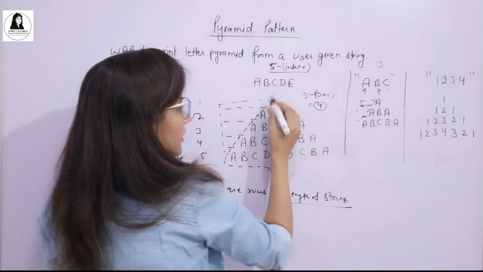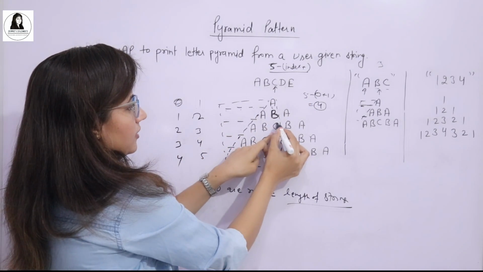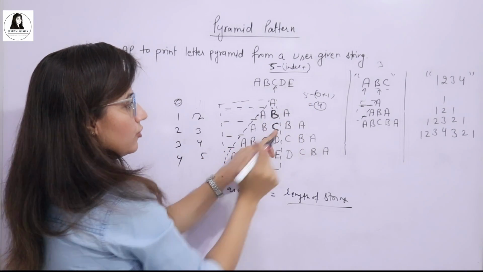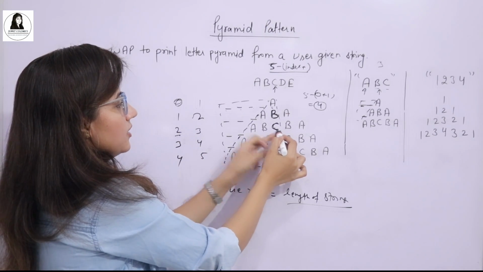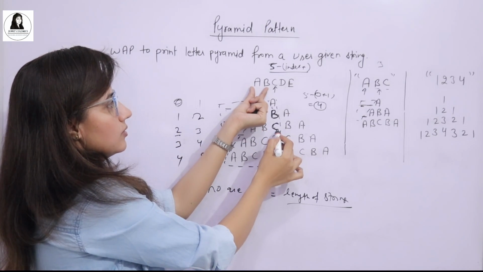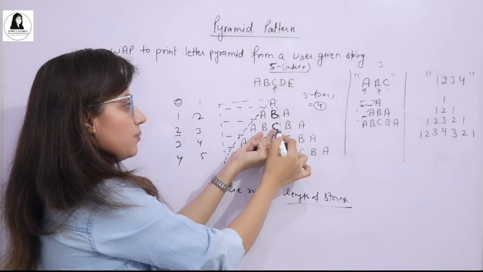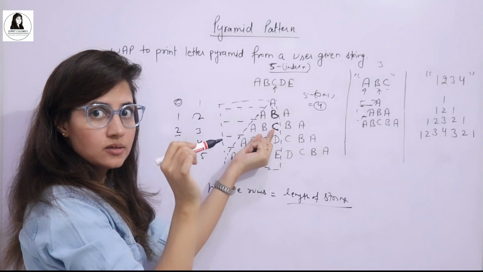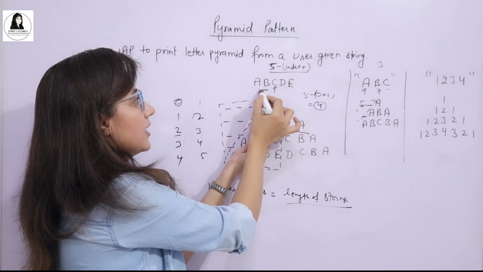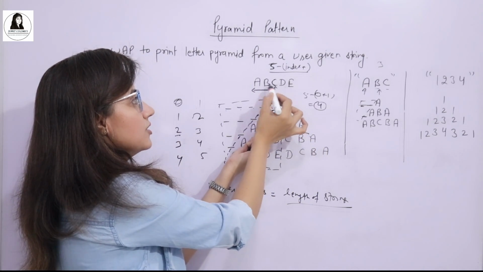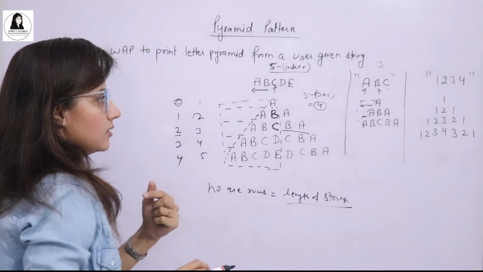Suppose here we have C. C would be printed in the third row, having index 2, in the center. But before printing this C, we will print whatever is before C, that is AB. So first the spaces, then AB, and then the actual character from the string. Then after this character, we will print the characters before this C in reverse order, BA, like this.